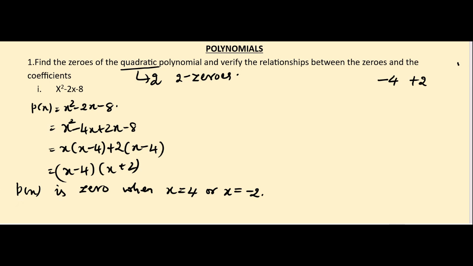Therefore, the zeros of p of x, the zeros of x square minus 2x minus 8, are nothing but 4 and minus 2. And they are asking us to verify the relationship between the zeros and the coefficients. So, verification.